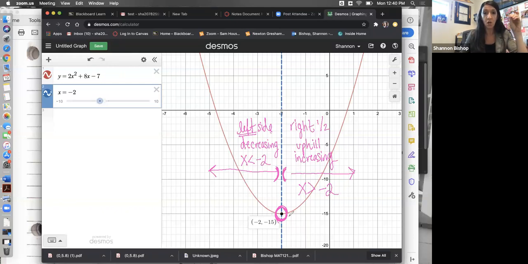So my recommendation on these, to be totally honest, is to start with the English words. Start by just acknowledging which half you are talking about. Which half is decreasing? Well, the left side, the left half. Start there. Because if you start there, then you can start to pay attention to what values you need.